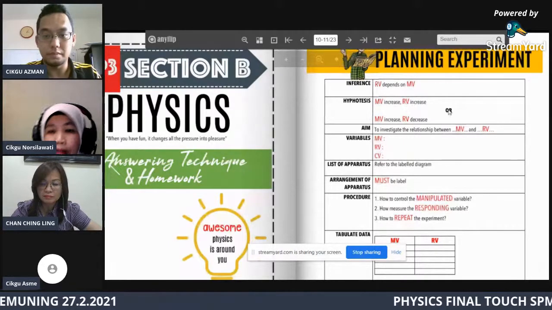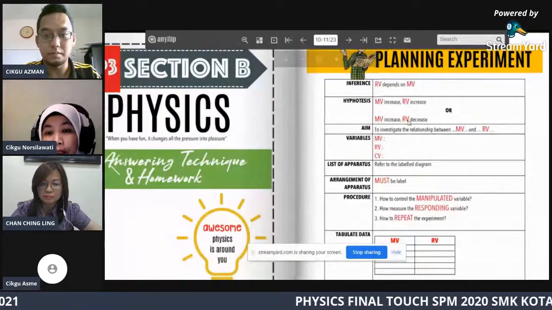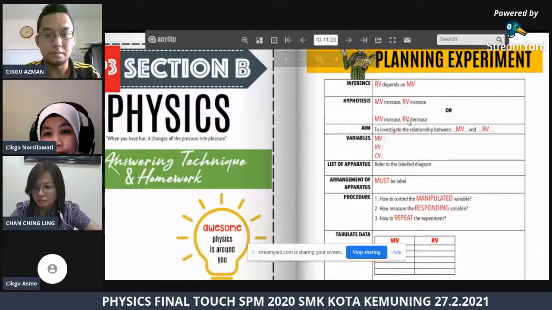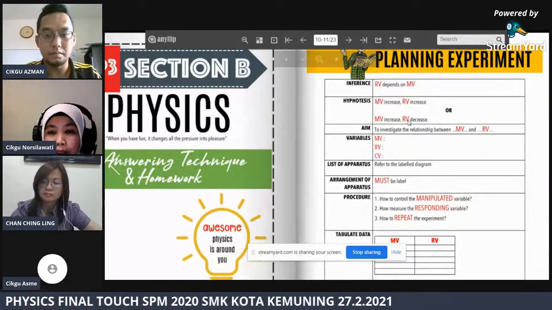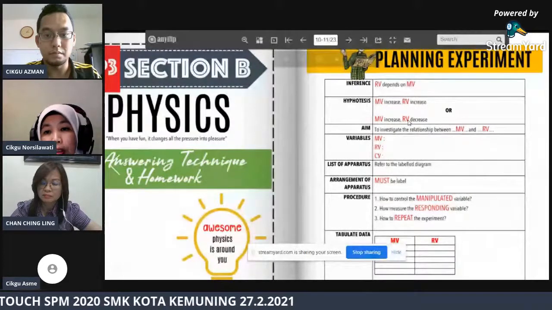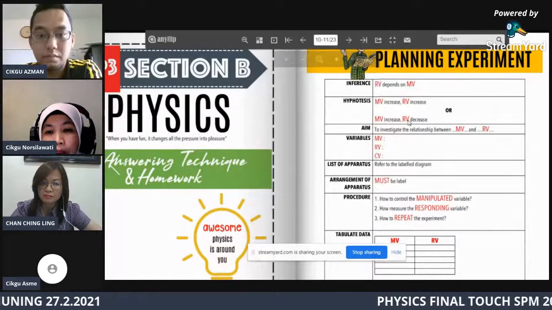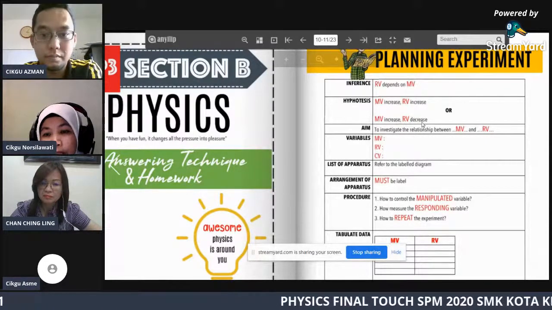Or it might be the other way around, because this is to show the relationship between two variables. Either one increases and the other also increases, that means it is directly proportional, or one increases and the other decreases.